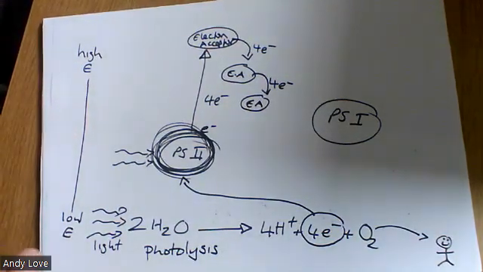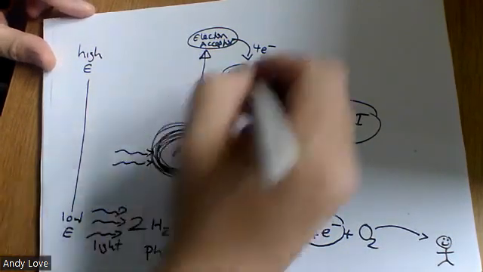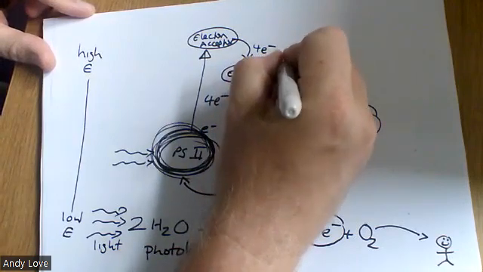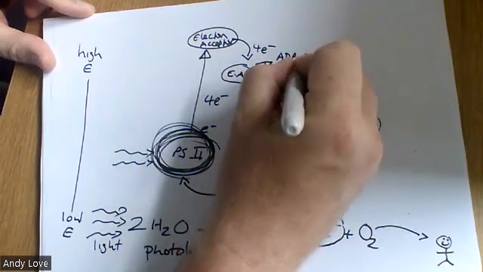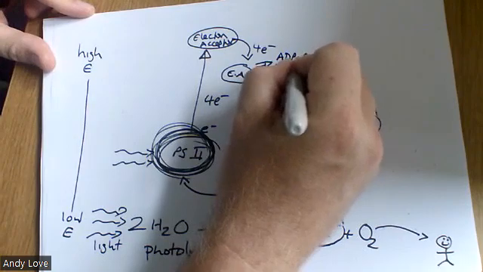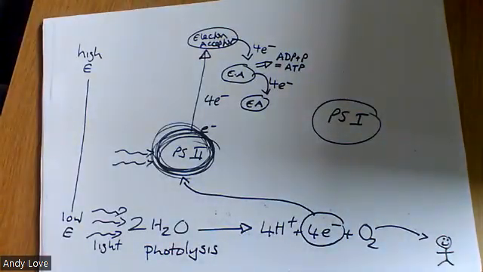So the energy is being transferred. Now, on a very simplistic level, you can say that energy is being transferred to a molecule of ADP plus P, which makes ATP. Okay, on a very simplistic level, that's where you can say that energy is transferred to. And I'll come back at the end of this whole process and go into a bit more detail on that one.